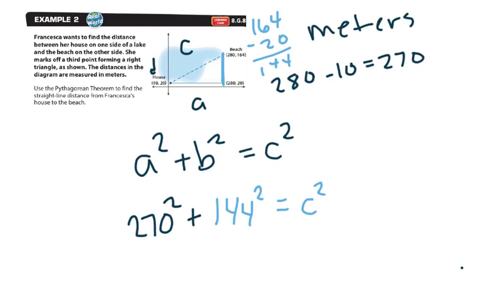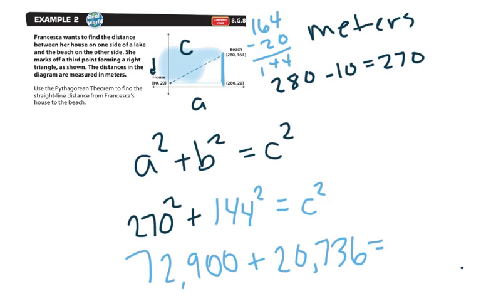It's going to be some pretty big values here. So 270 squared equals 72,900, plus 144 squared equals 20,736, equals C squared.